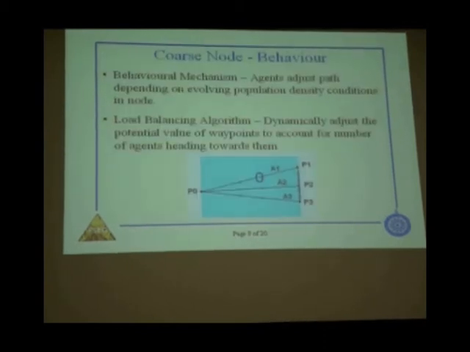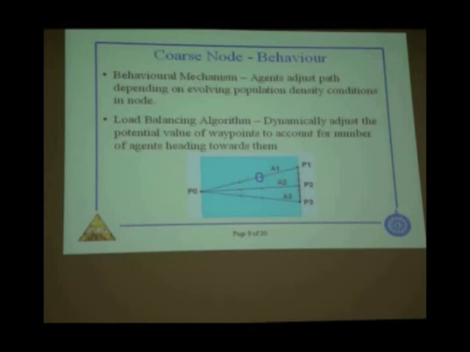The coarse node component features a behavioral mechanism which allows agents to adjust their path depending on evolving population density conditions in the node. This is achieved by a load balancing algorithm which dynamically adjusts the potential value of waypoints to account for the number of agents heading towards them. For instance, in the diagram here we have a coarse node with 3 routes, namely A1 to A3.